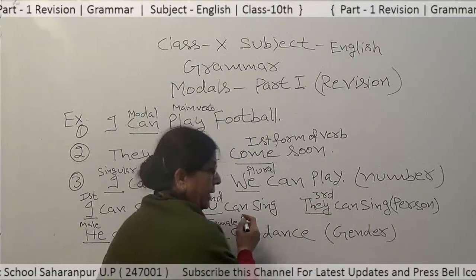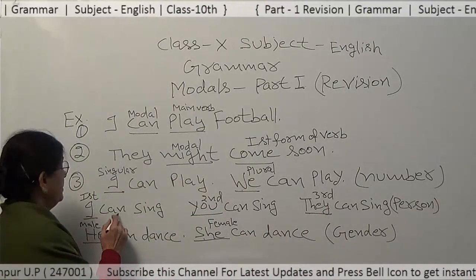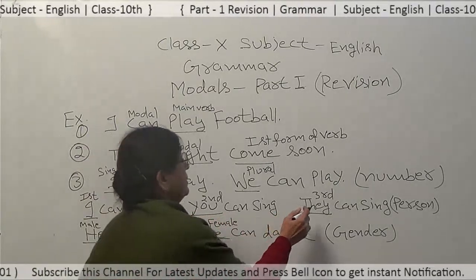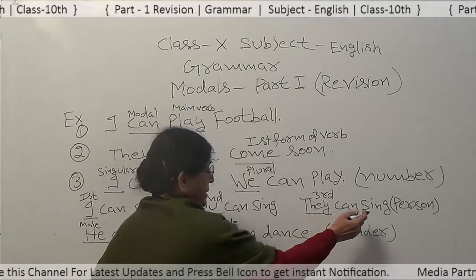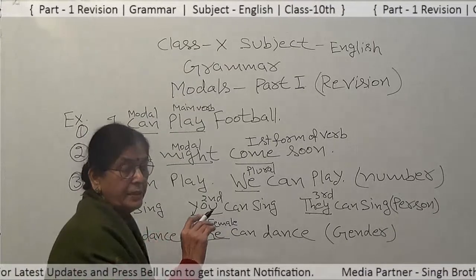All the persons I have included. With the first person I am using can, with the second person can, with the third person again can. Can is the modal taking the first form, sing, everywhere. So, they have not changed.